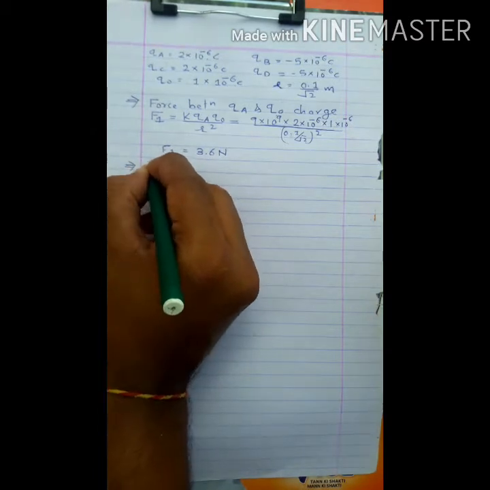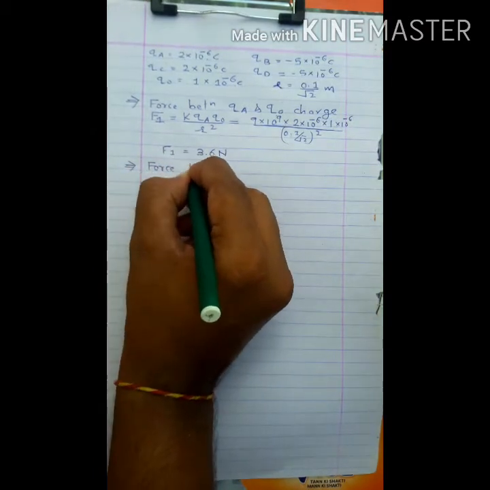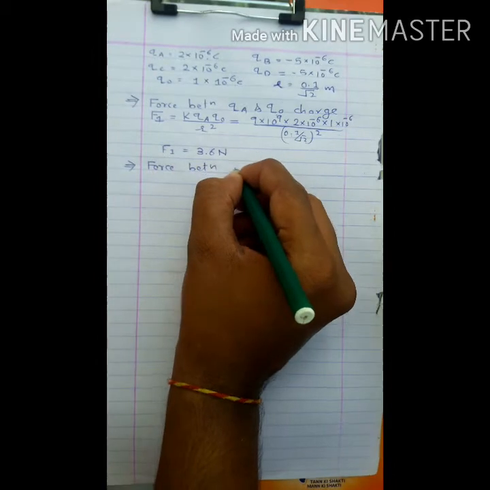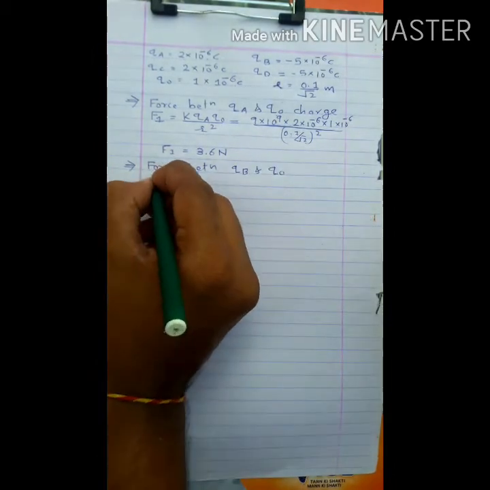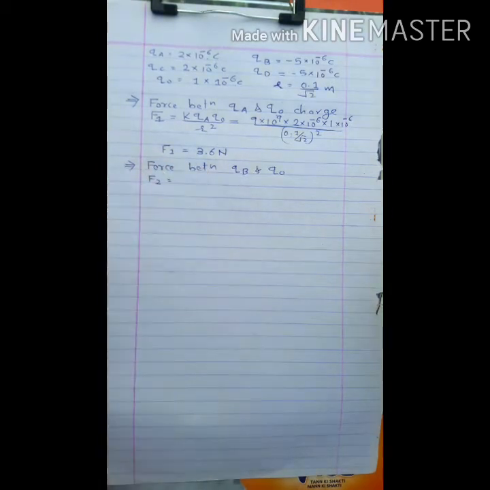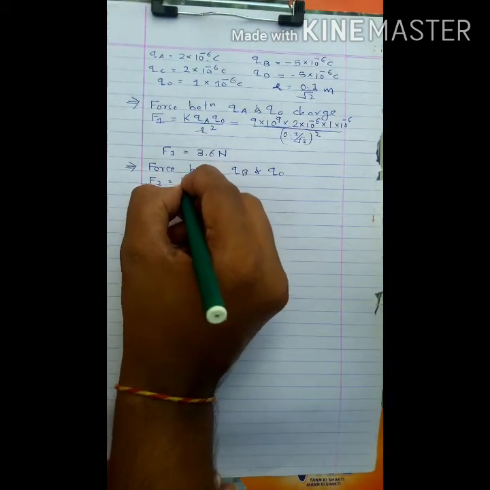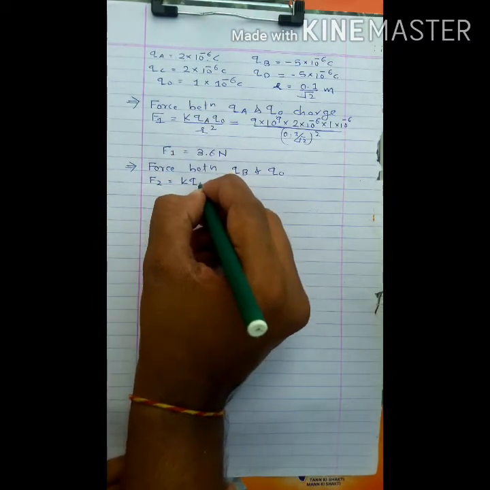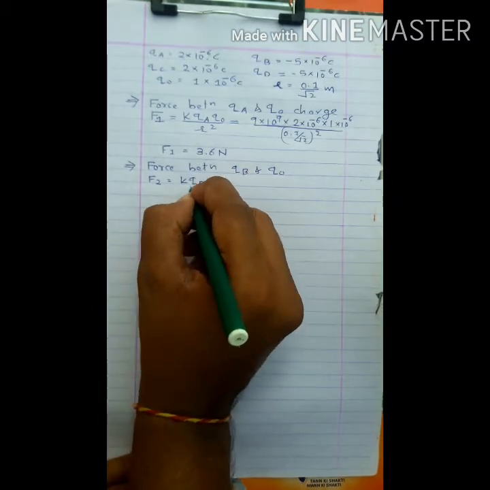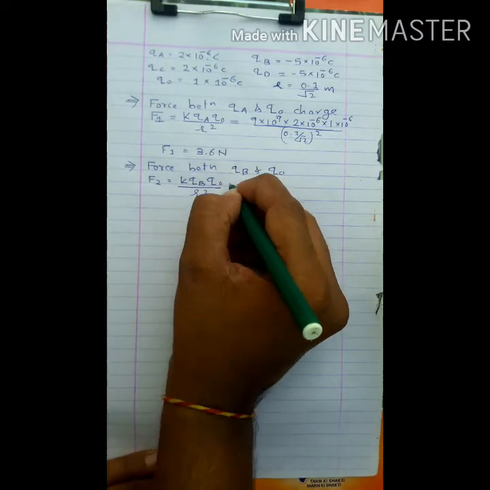Similarly, here we consider the force between the QB charge and the Q0 charge. This is our second force, so we use the symbol F2. Here we will use the same equation, K, and instead of QA we use QB. So F2 is K QB Q0 upon r square.